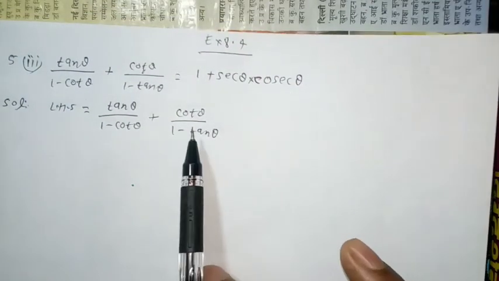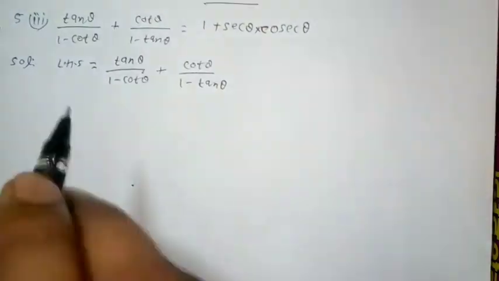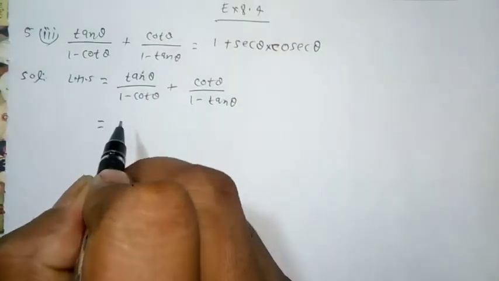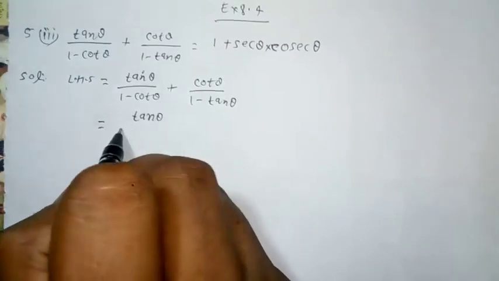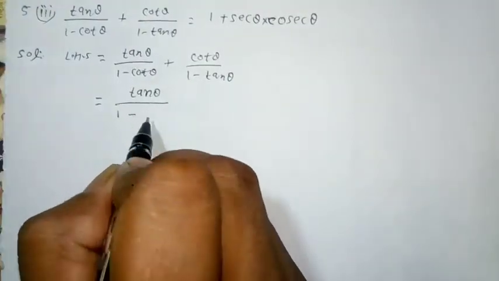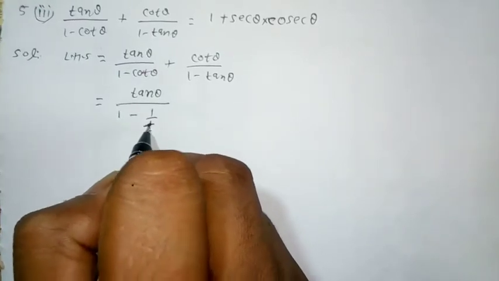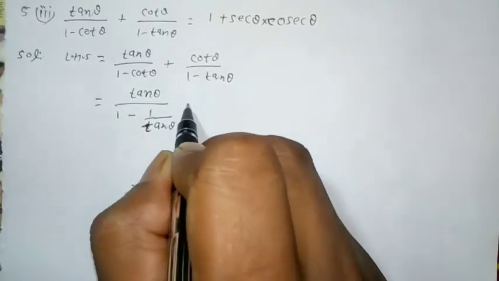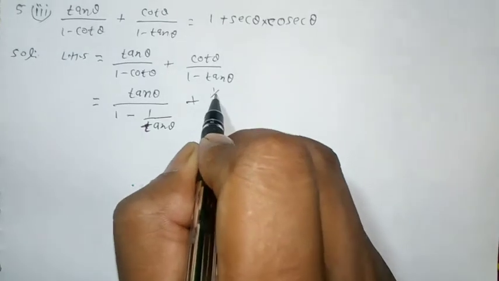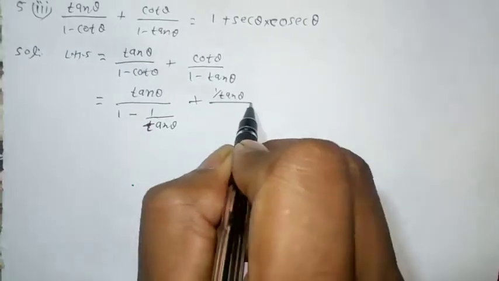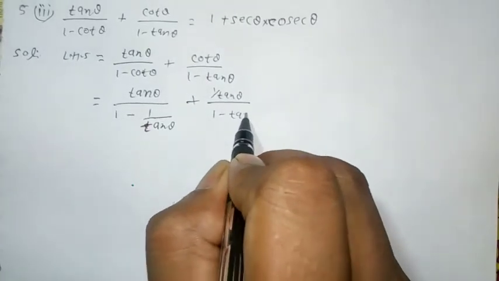Okay, so we change cot theta, then we get tan theta by 1 minus cot theta is equal to 1 by tan theta plus cot theta is equal to 1 by tan theta by 1 minus tan theta.